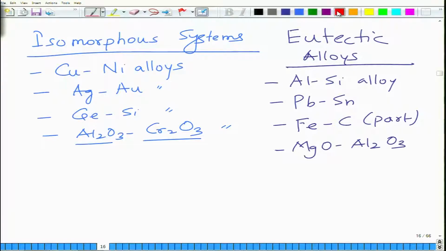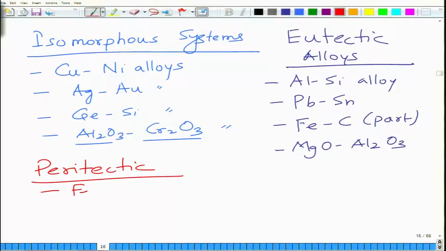And then the third one, let us say peritectic systems. In case of peritectic, the melting point difference is quite high. So, part of the iron carbon system, the high temperature part: this is the high temperature low carbon part, and this is the high temperature high carbon part.